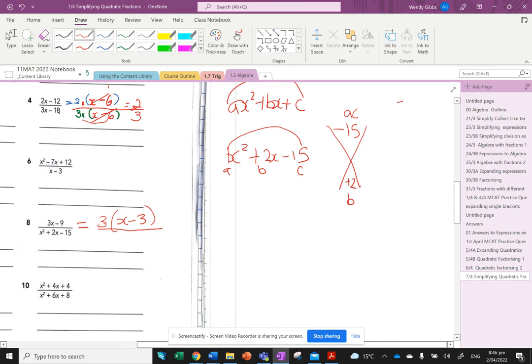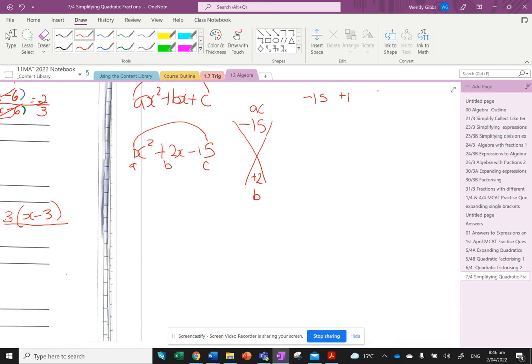Factors of negative 15: positive 1 and negative 15, or positive 15 and negative 1; negative 5 and positive 3, or positive 5 and negative 3. Because these multiply together, negative 15 times 1 is negative 15, and there are no more. So when we combine these, that makes negative 14.